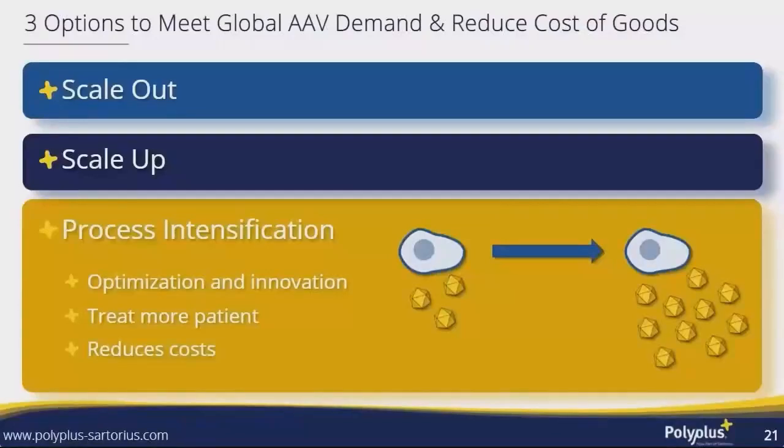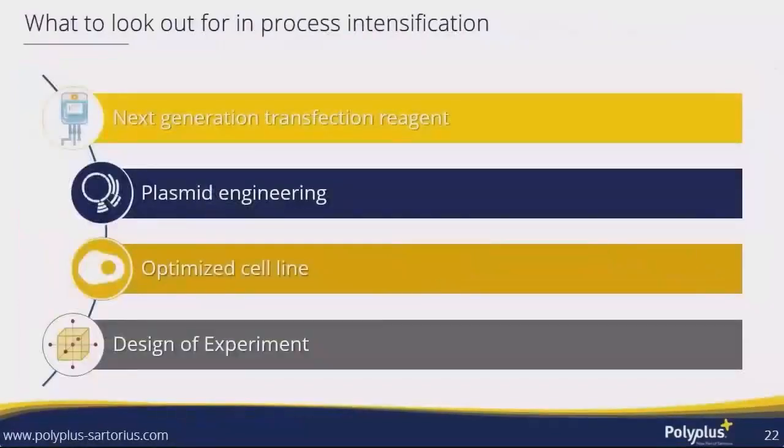And how can you do that? How can you intensify your process? So there is a few solutions that Polyplus has been working on. The first one, that's our core expertise, will be transfection reagents.